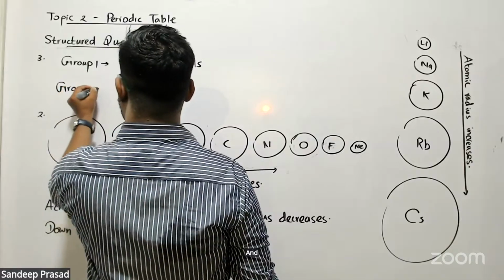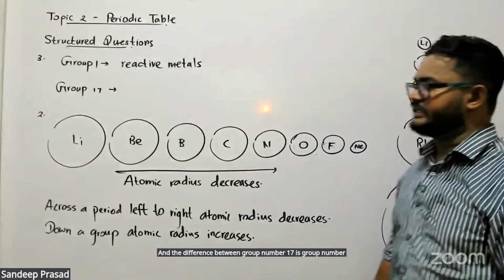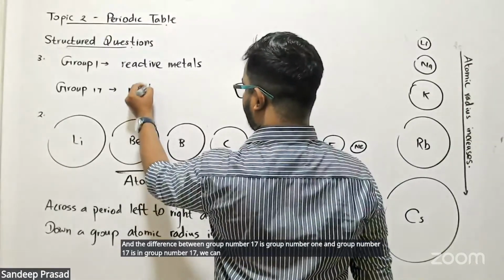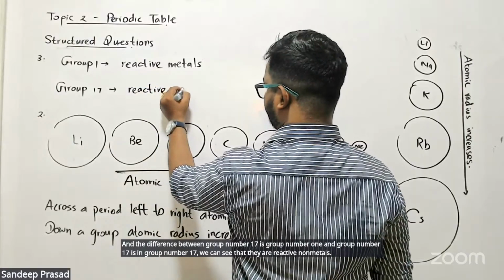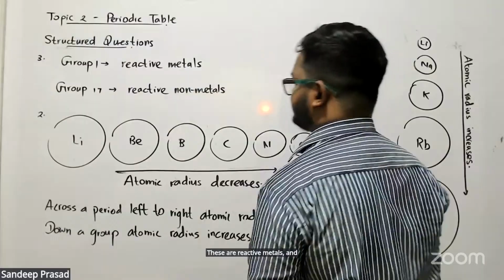They are highly reactive. The difference is that group number 17 elements are reactive nonmetals. These are reactive metals and these are reactive nonmetals.